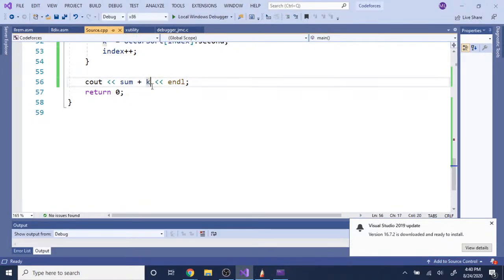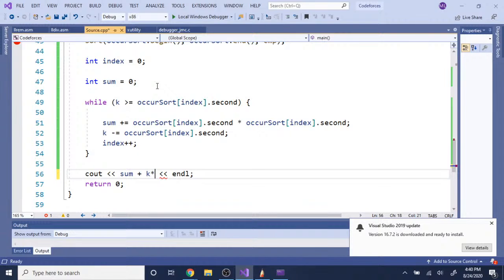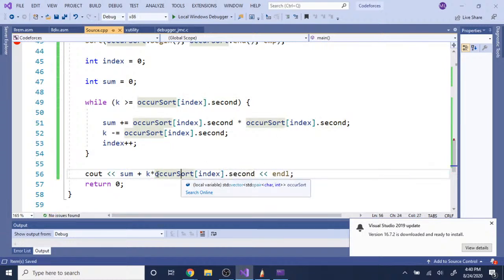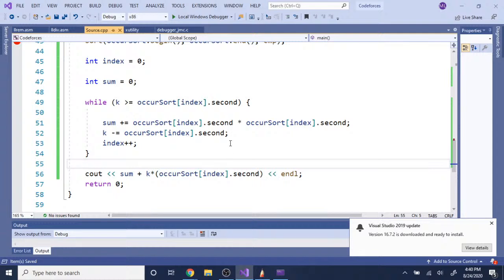K multiplied by occur sort at index dot second. Okay, so if it's less than, we just do this. Actually, this is assuming k is less than occur sort dot index. That's second.